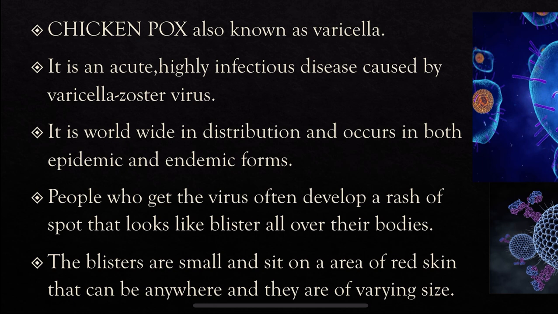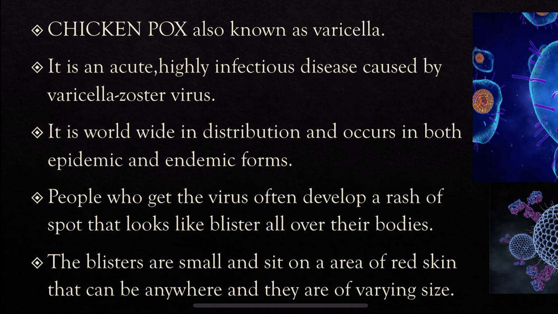Epidemic is when the endemic flares up and a large number of people in the community are affected at one certain time and the frequency is spiking up. Then we consider it to be an epidemic. So chickenpox is found in the form of an endemic and also in the form of an epidemic.